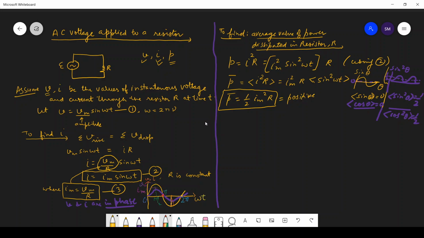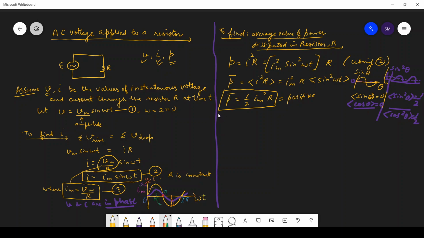Now we have this formula for power, whereas the formula in DC is power equals I square R, right?